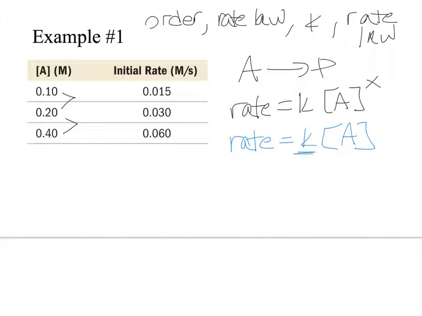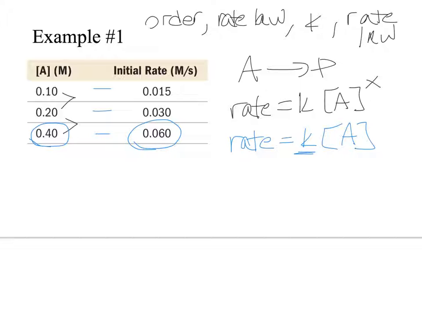Now we want to solve for K. So I'm going to plug in a number for rate and a number for A. The only thing I need to be careful about here is if I use the concentration of A from trial 3, then I have to use the rate from trial 3. It doesn't matter which one I use. I can use data set 1, 2, or 3, but I have to use the data that matches the trial and the rate number. All right, so let's use 3 since we're talking about that one.